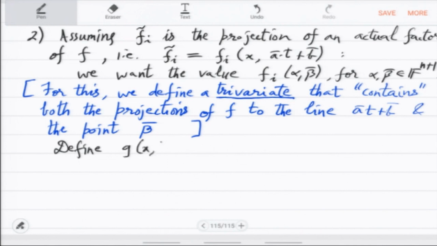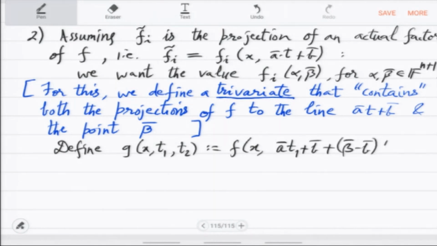So let's give the definition. G(x, T1, T2) is, so you want the line, right? So a bar T1 plus b bar should be there, and you also want the point beta bar. So that's plus (beta bar minus b bar) T2. Right, so note that this works.